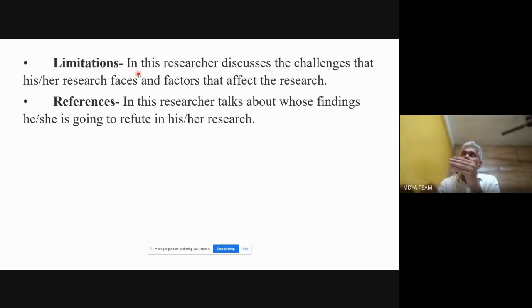Maybe if you are living in South India, and people are speaking Tamil and you don't know Tamil, you have to prepare your questionnaire or tools or whatever method is used in that particular format or language. So there are some limitations in research which we have to notify in our research. Right, sir.